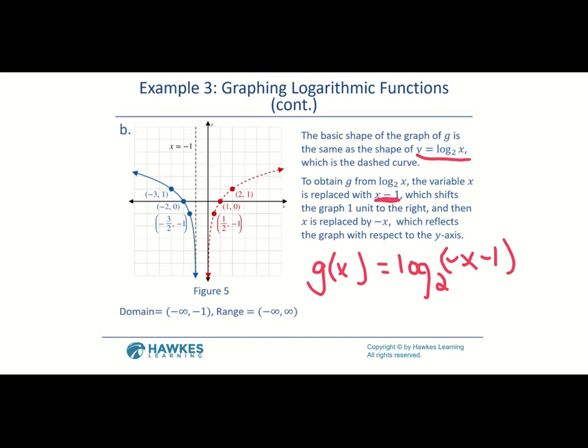Because it's a -1, it means it's going to shift 1 unit to the right. And then also that x inside the parentheses is negative. So that means it's going to reflect over the y-axis. So if you take a look here, we have our reflection, which is right here, and it shifted 1 to the right.